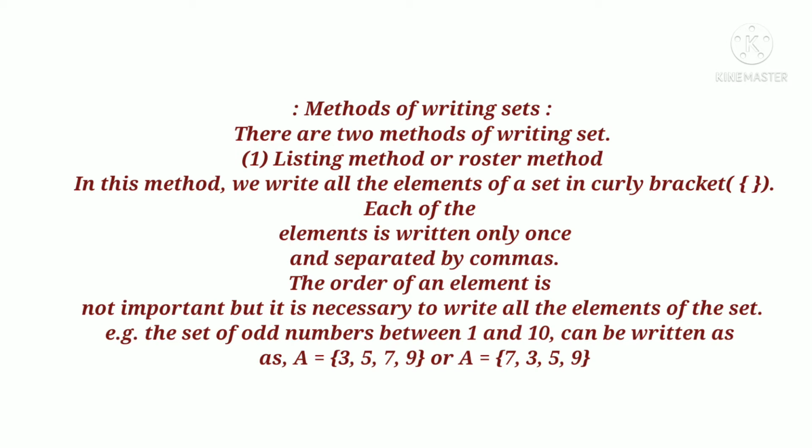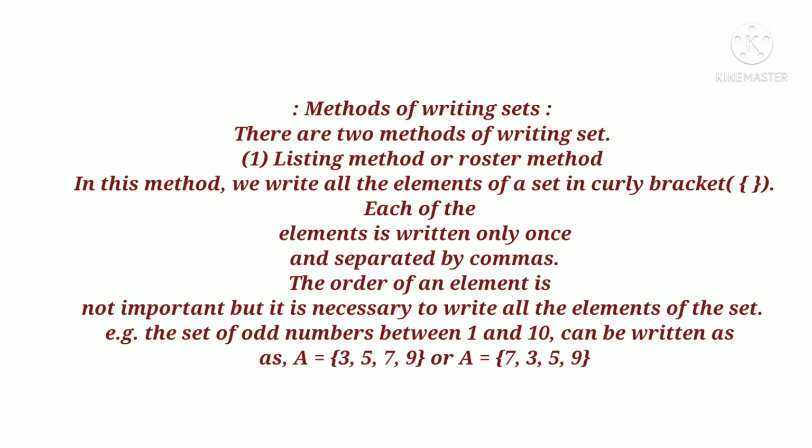Example. The set of odd numbers between 1 to 10 can be written as A = {3, 5, 7, 9}, or A = {7, 3, 5, 9}.